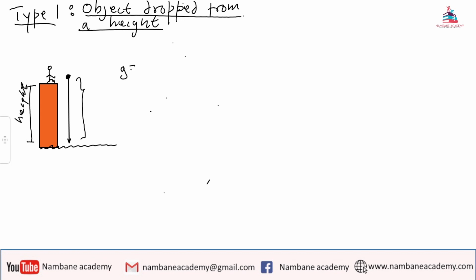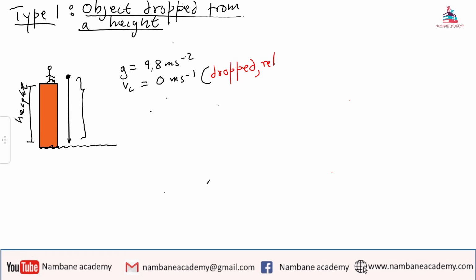We know that g is a constant, which is 9.8 meters per second squared. What do we know about an object that is being dropped? The v initial is equal to 0 meters per second. It is important to understand that when the examiner tells me the object has been dropped, its initial velocity is equal to 0 meters per second.